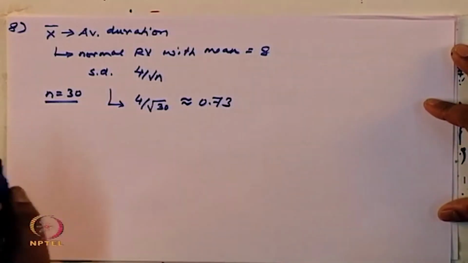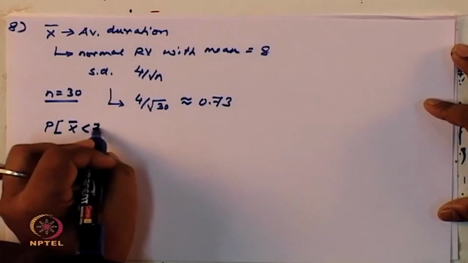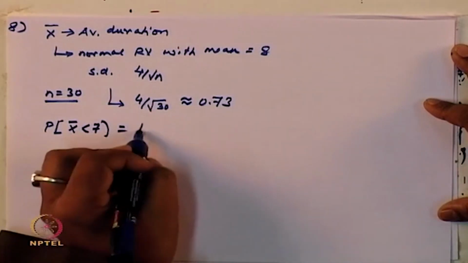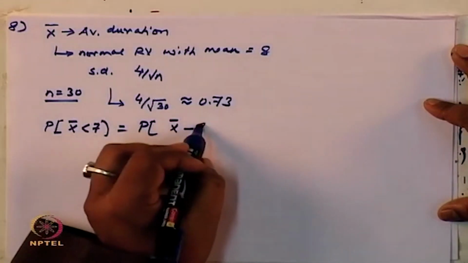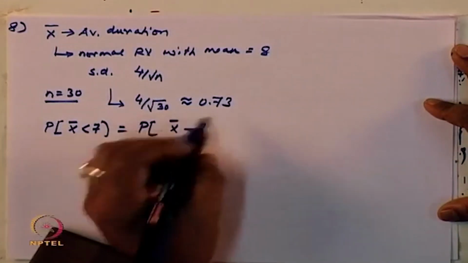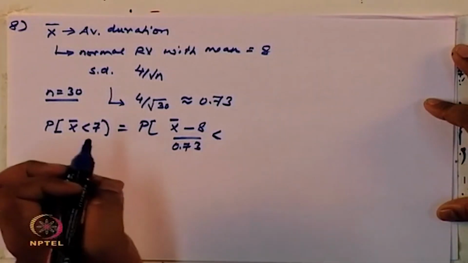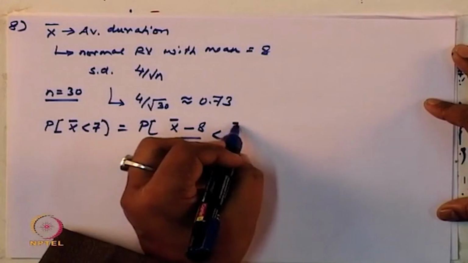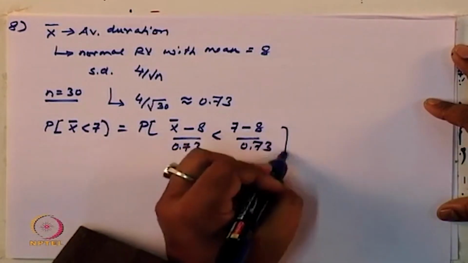So, we want to calculate the probability of x bar less than 7, which is the same as the probability of x bar minus mu, which is 8, by sigma by root n, which is 0.73, is less than 7 minus 8 by 0.73.